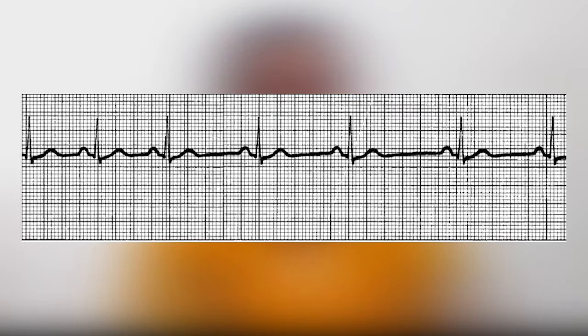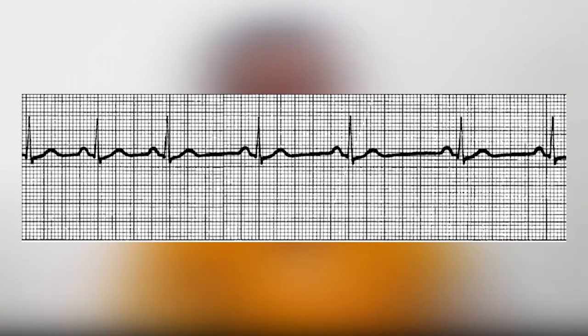Now we can see the ECG criteria of sinus arrhythmia. Ventricular and atrial rate is 60 to 100 in adults. Ventricular and atrial rhythm is irregular. QRS complex, shape and duration are usually normal, but may be abnormal.